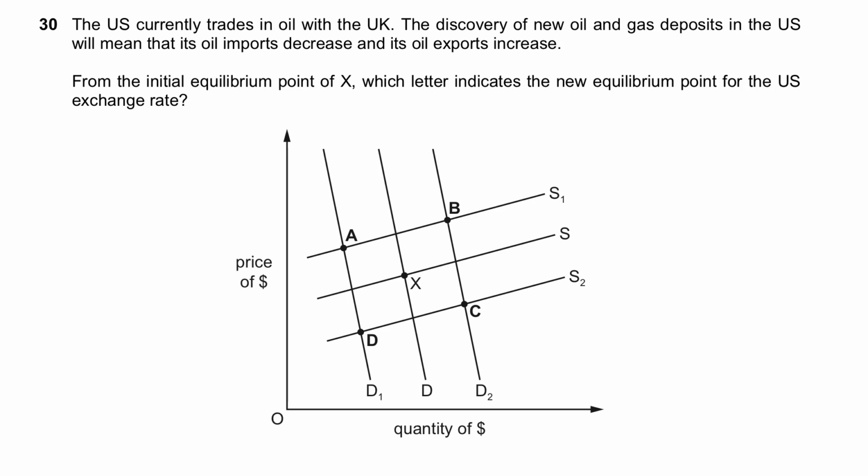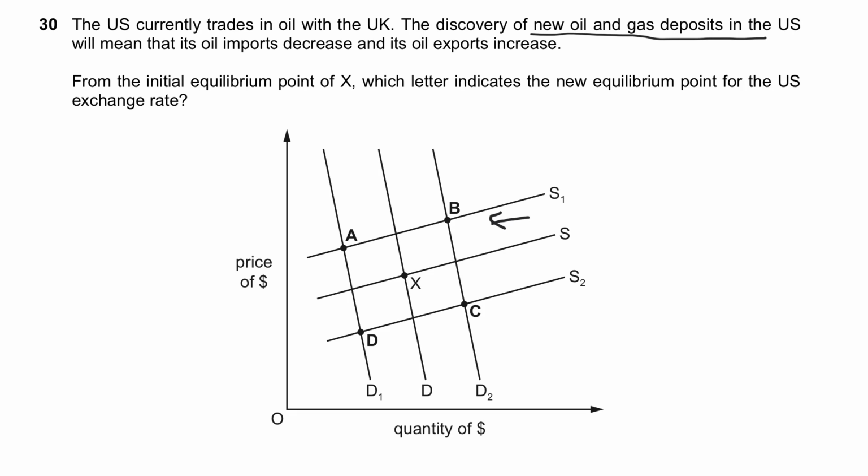If the US is now importing less oil because there's a discovery of new oil, that results in less oil to be imported, which means that the supply will actually fall because now we do not require foreign currency anymore to buy oil, and hence the supply of dollars in the market will fall.